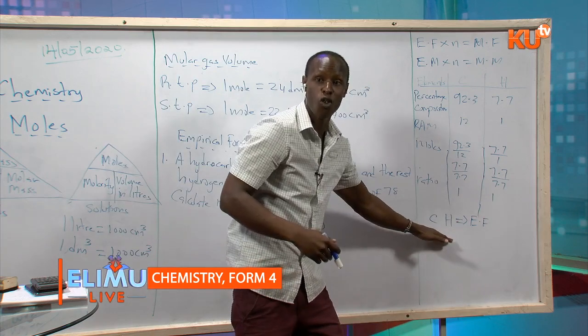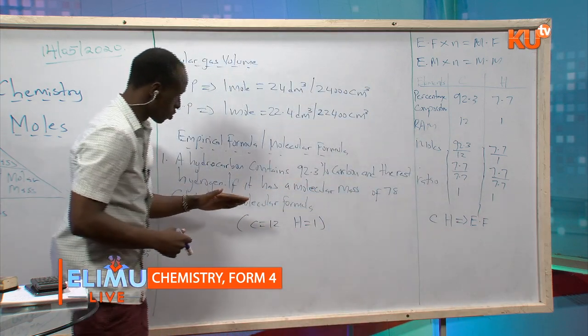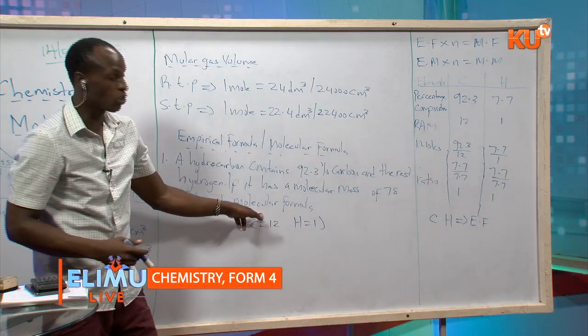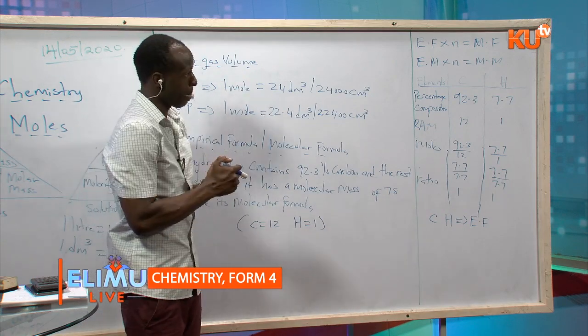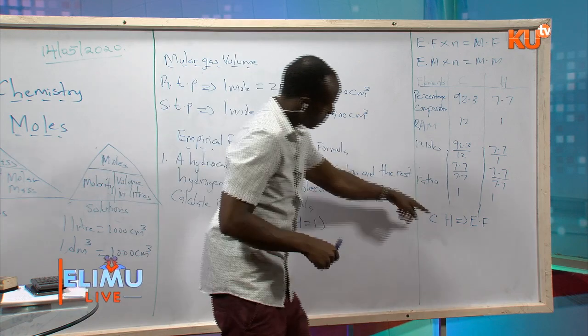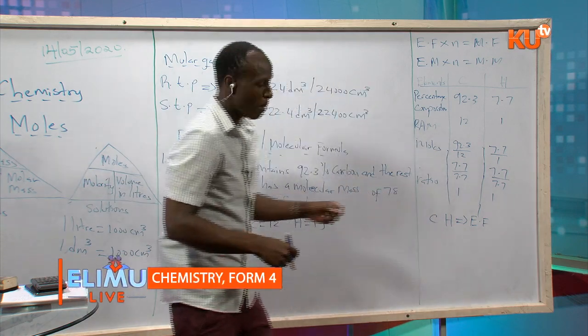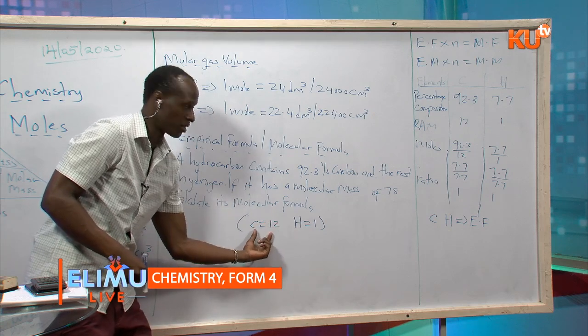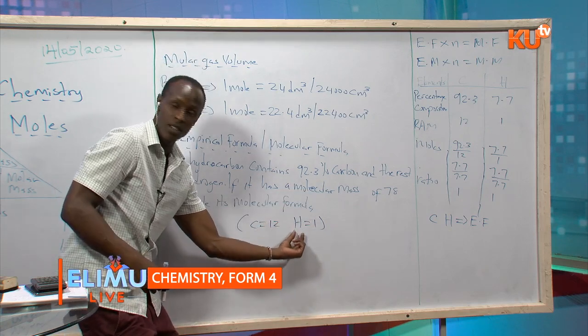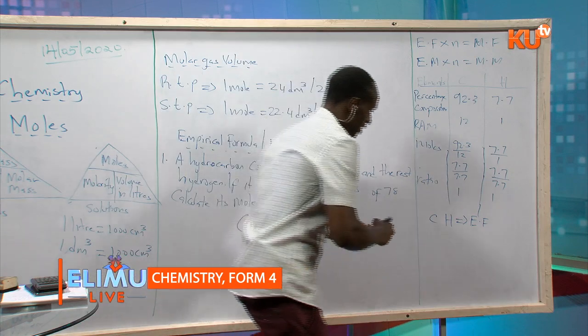CH is the empirical formula. The question wants you to calculate the molecular formula. So it means now you have to go to the next step of calculating N. So I'll get the empirical mass of CH. For mass, you use the RAM, or the molar masses. So CH is 12 and 1. So that is 13.